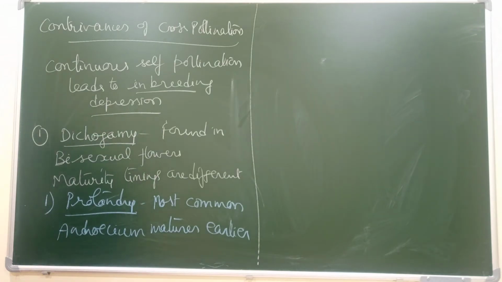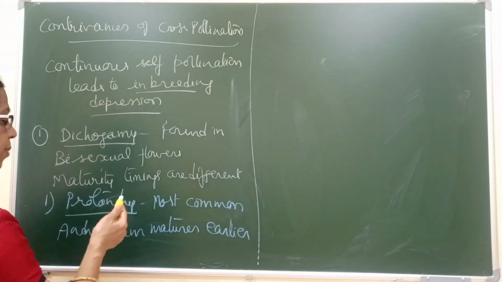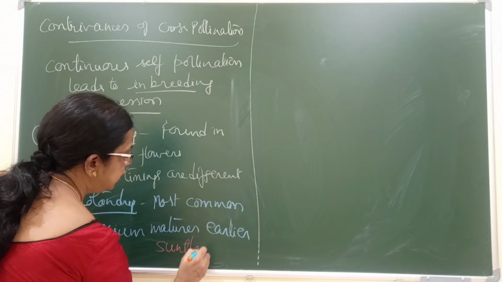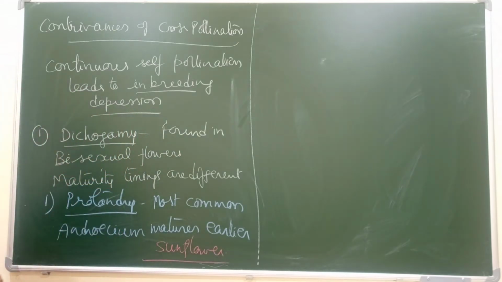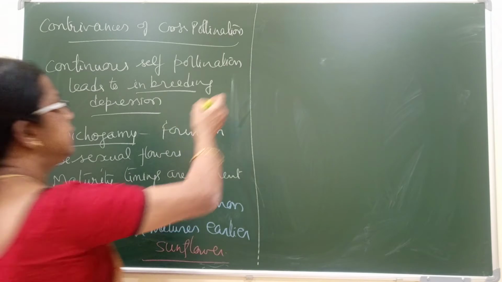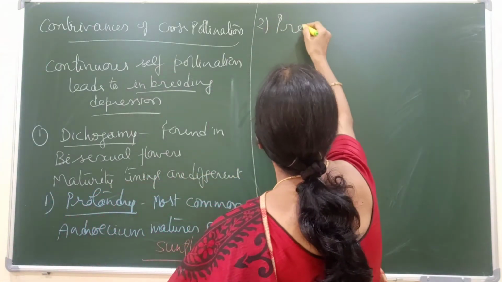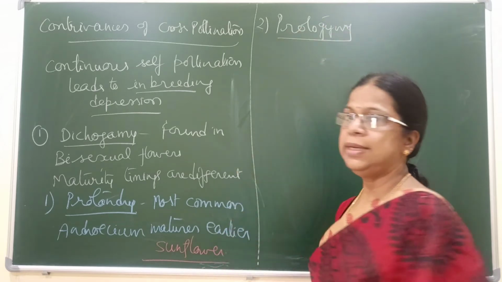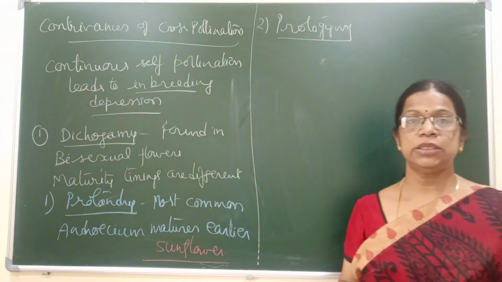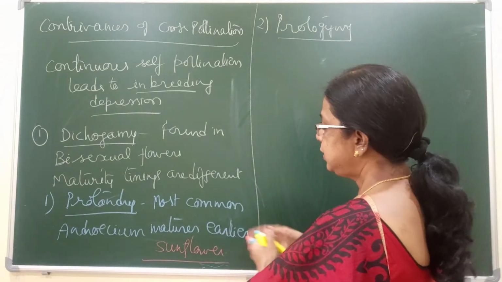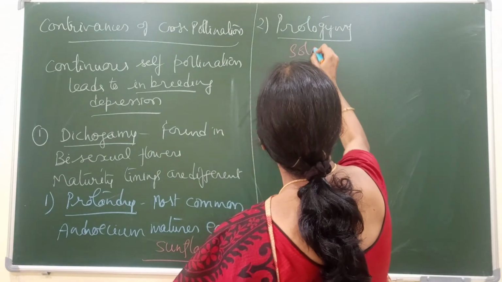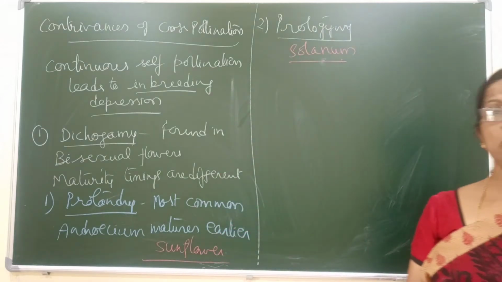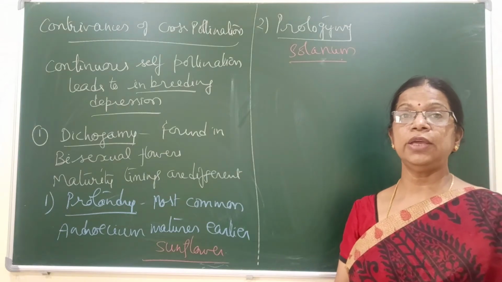For example, we find protandry in sunflower. The second one is protogamy, when the gynoecium matures earlier than the androecium. This is found in different species of Solanum. So this is what is called dichogamy.